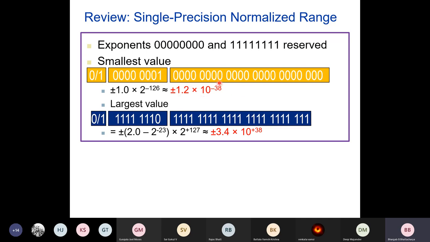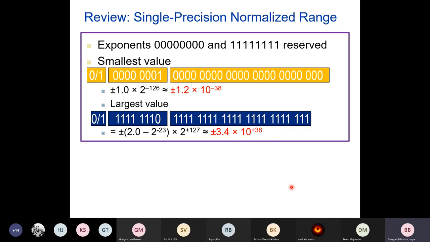So this is of the order of 10 to the power minus 38. Similarly, for the largest value, we cannot have all 1s in the exponent because that is reserved. So the maximum you can have is 254, which turns out to be 2 to the power plus 127 because of excess bias. And to maximize the mantissa, we write all 1s, which turns out to be 2.0 minus 2 to the power minus 23.